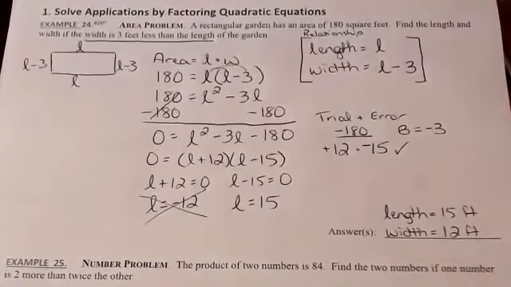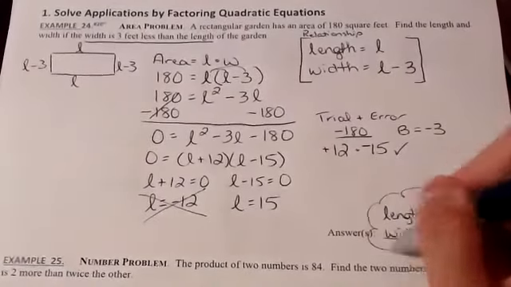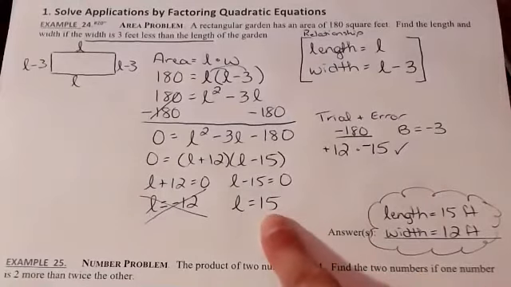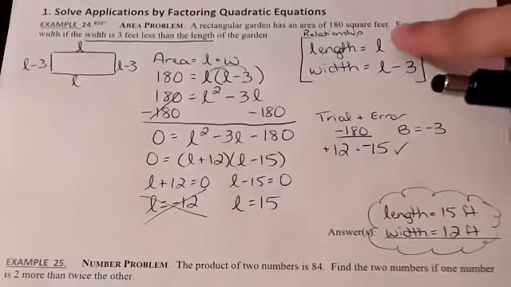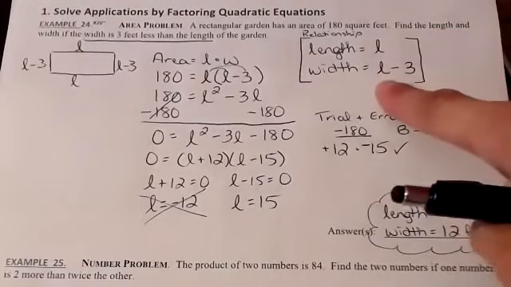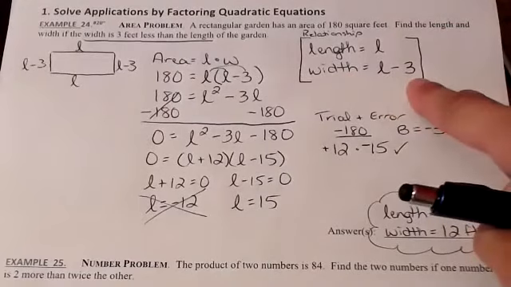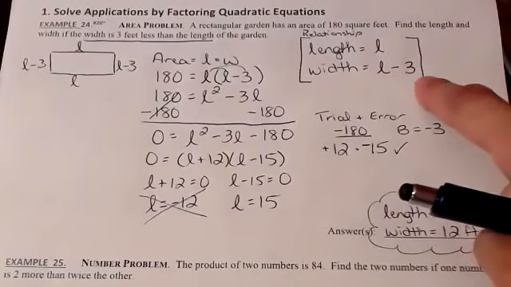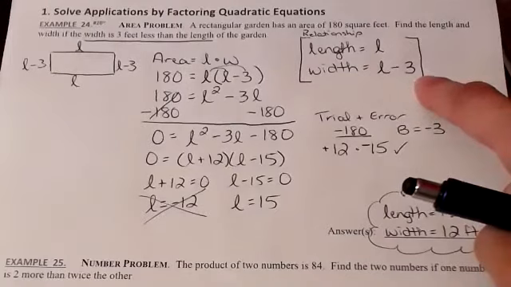Yes. I want you to notice where Kim got that answer. She knows that the length is 15, so she goes back to the relationship. The width is going to be the length minus 3 feet. So it's going to be 15 minus 3, which gives us our 12.